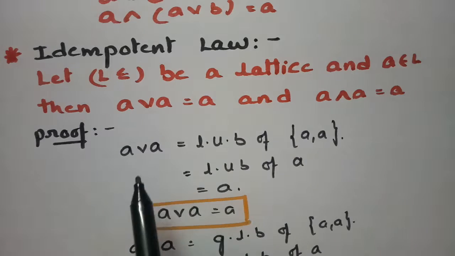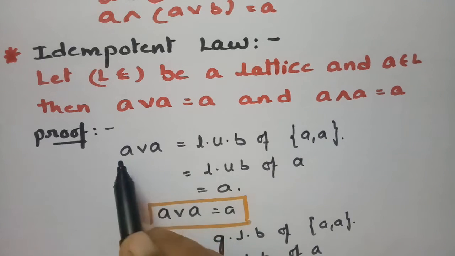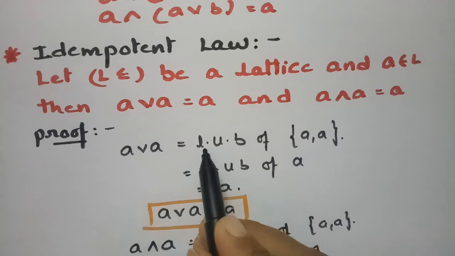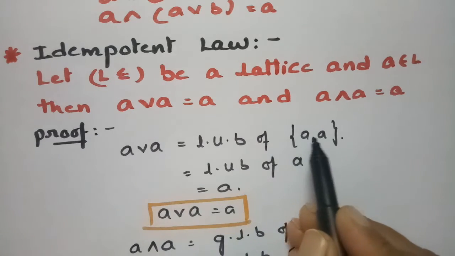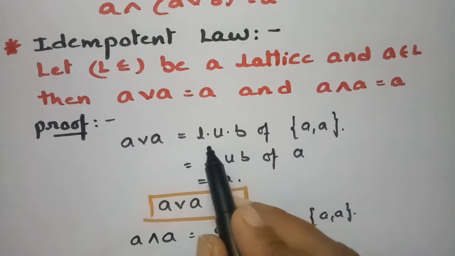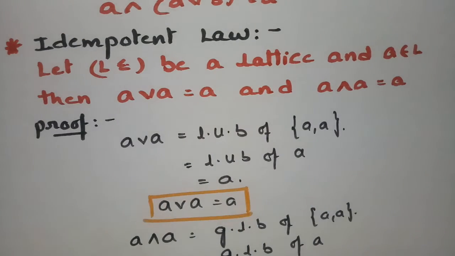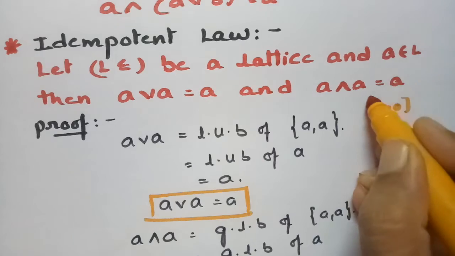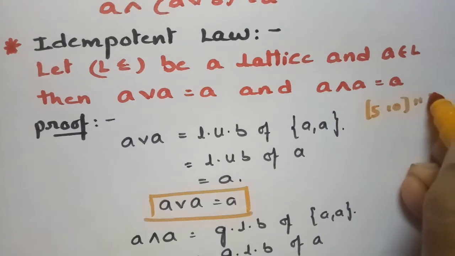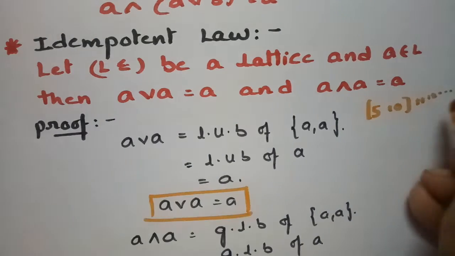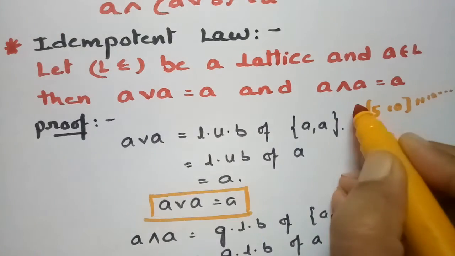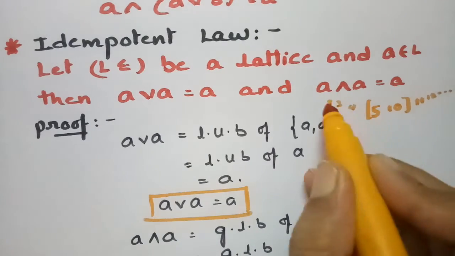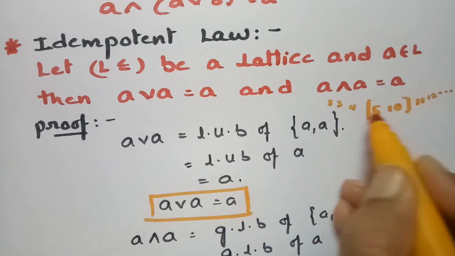and A meet A is equal to A. So here, A join A is nothing but the least upper bound of the set A comma A. What is the least upper bound here? Let me explain one thing. If you take any set, for example 5 or 10, then 11, 12, 13, 14, everything will be an upper bound of this set, and 4, 3, 2, everything will be a lower bound of this set.